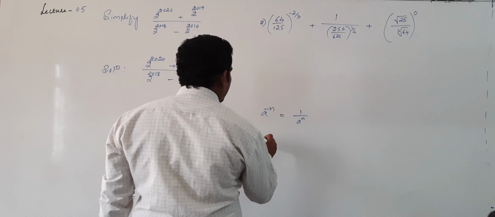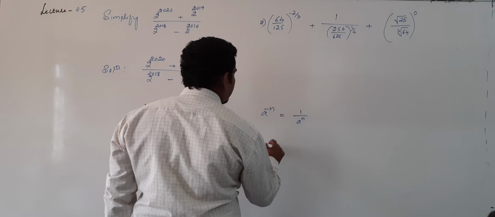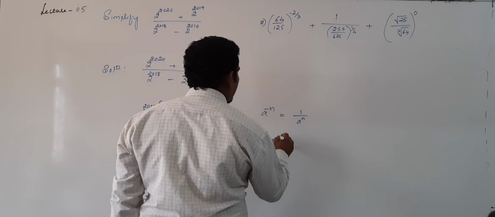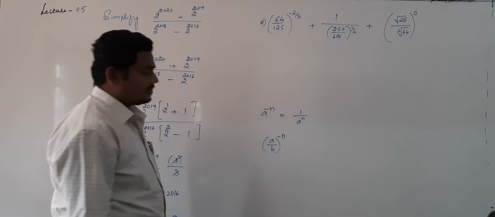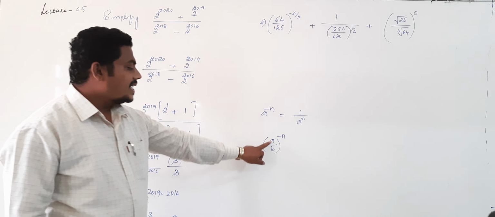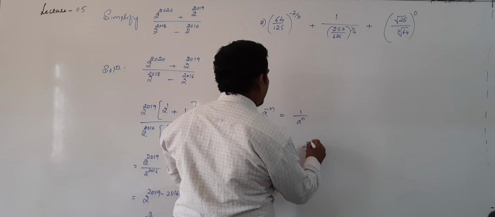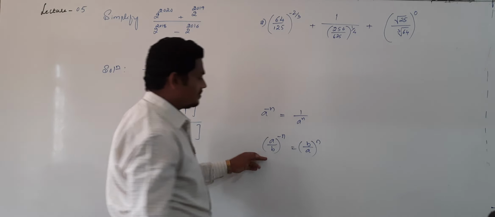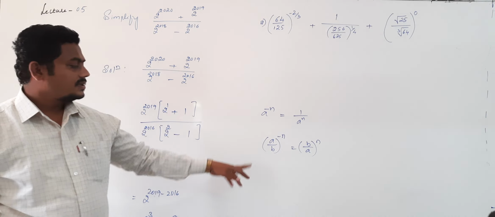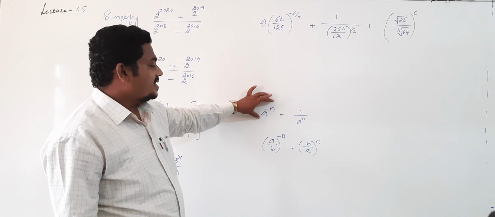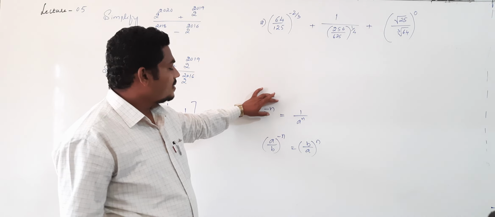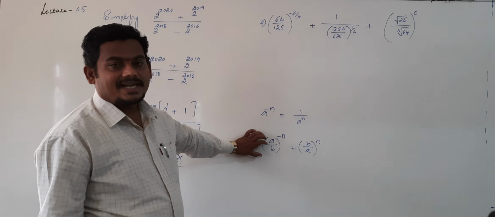And I will give one more property. (A divided by b) whole to the power minus n is (b by a) whole to the power plus n. Same property only. The basic property is a power minus n only, this is just an extended property.